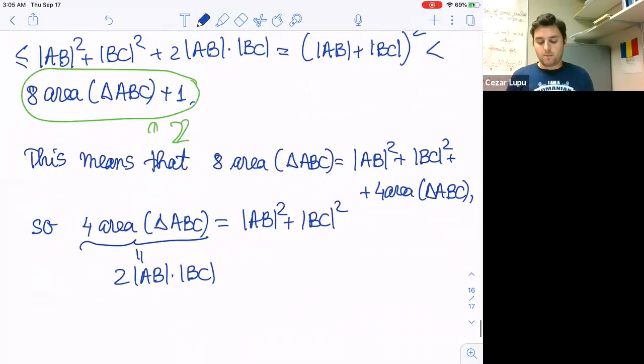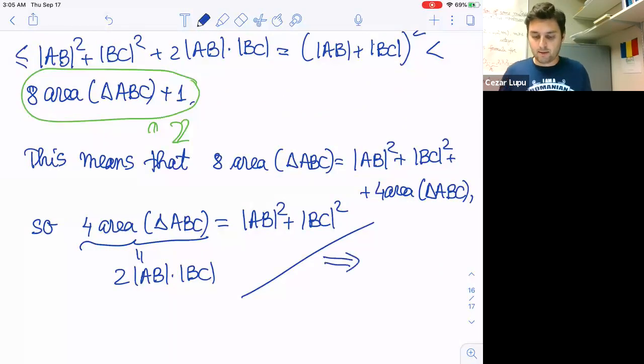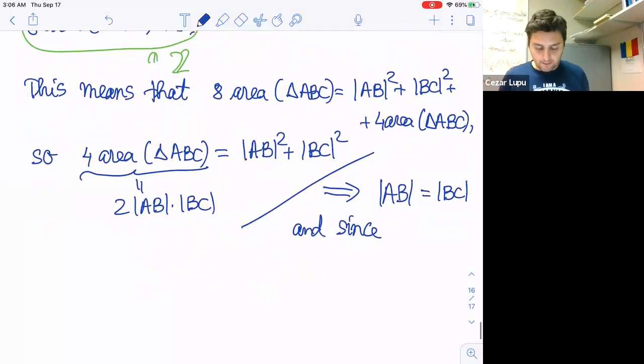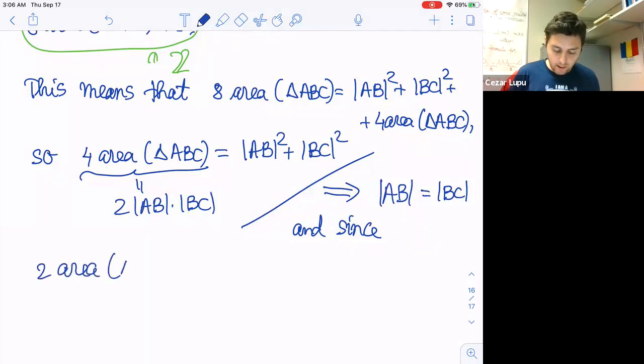In other words, we'll have equality in the AM-GM inequality, and both of these imply that AB is the same as BC, and moreover, since 2 times the area of the triangle ABC is AB times BC, right?